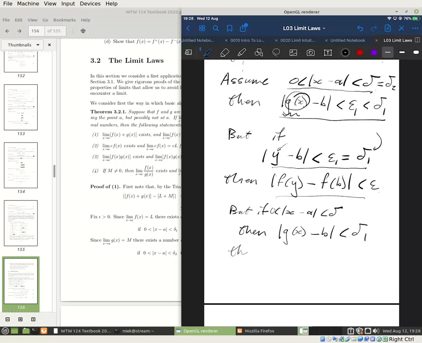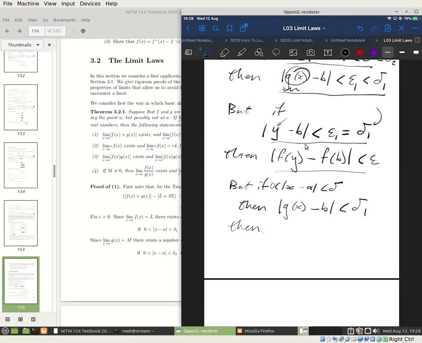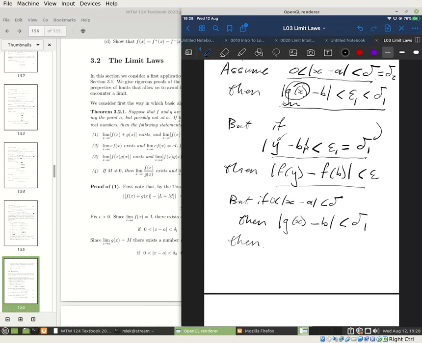But then we've got |f of g of x minus f of b| is less than epsilon. And we're done.